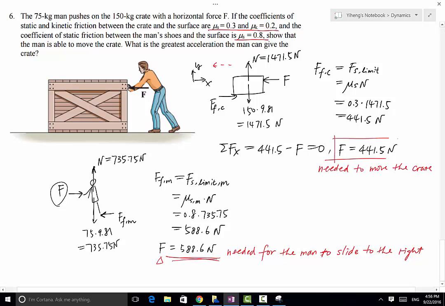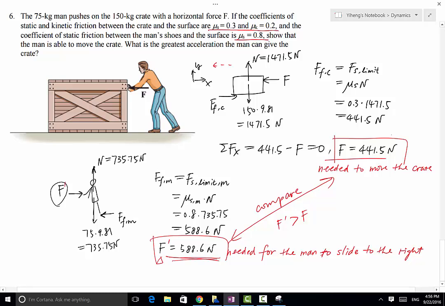So if we compare these two forces, if I call this F prime, you can see that F prime is bigger than F. In other words, you need more force to make the man slide than the force needed for the crate to slide.